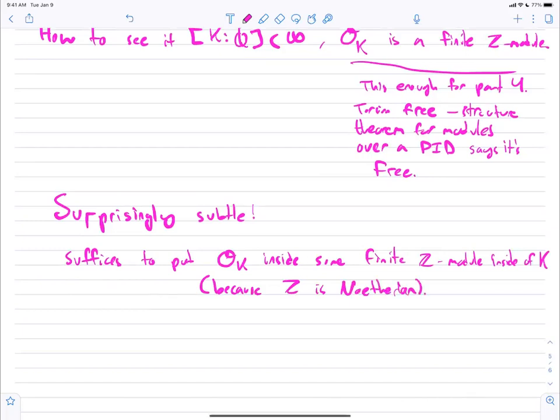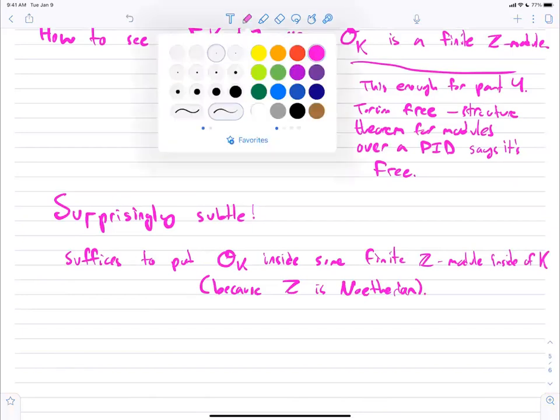So if you have a submodule of a finitely generated module over a Noetherian ring, then it too is finitely generated. Okay, so that's how we're going to do it.